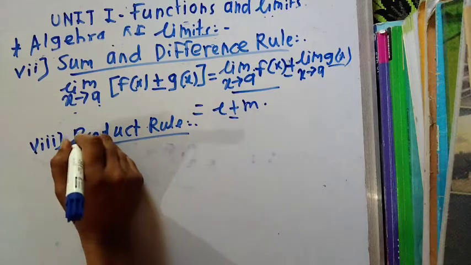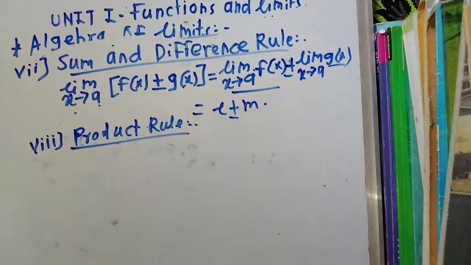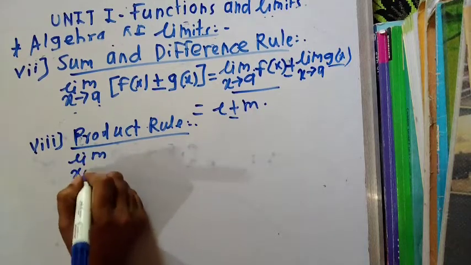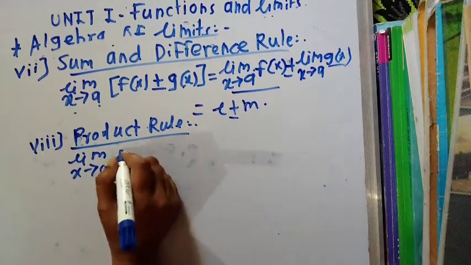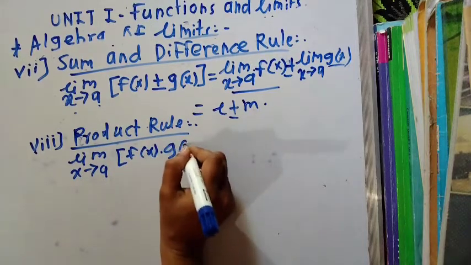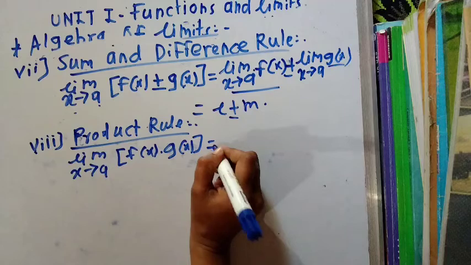Product rule. Product means multiplication, so limit of f of x into g of x.